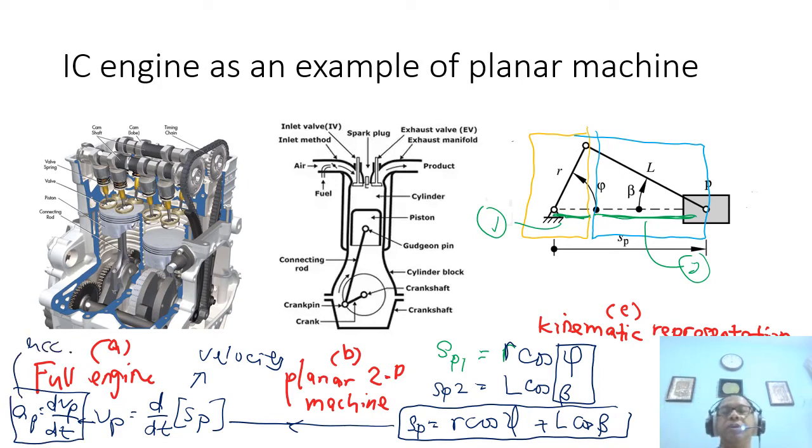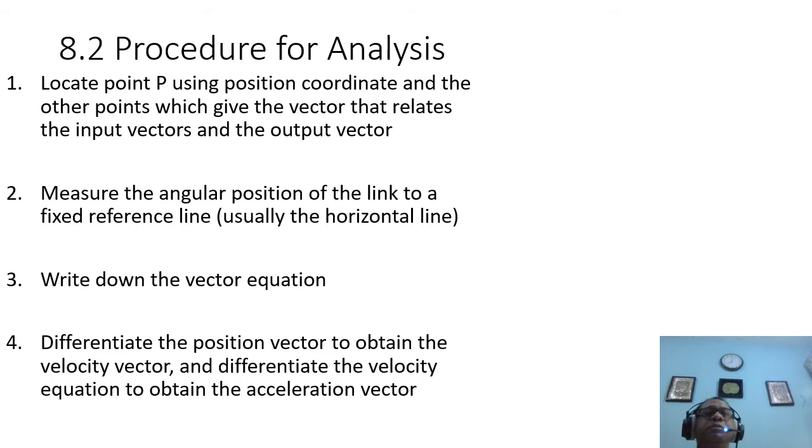So this is a way of thinking how we use mathematics or the geometrical relationship to determine the velocity and acceleration of the machines. So let's see one simple example before that. The procedure for analysis is quite simple.